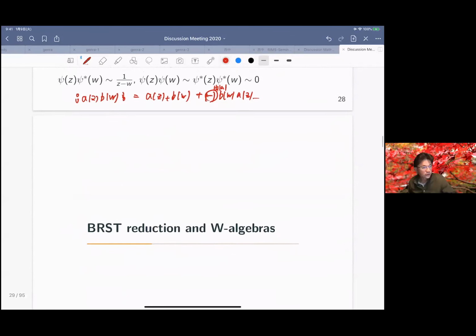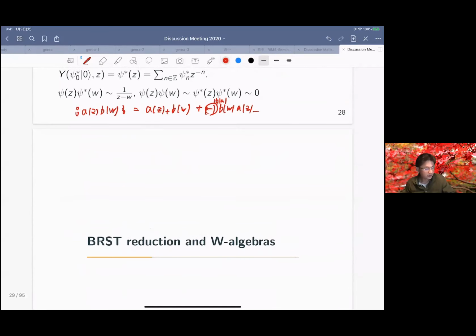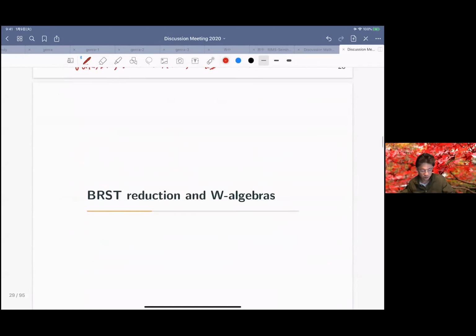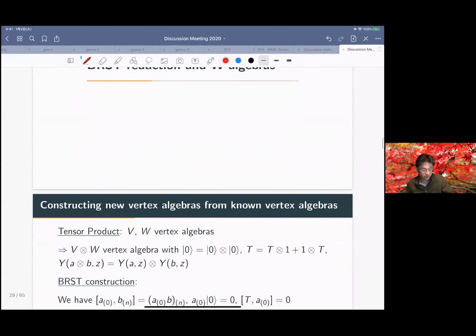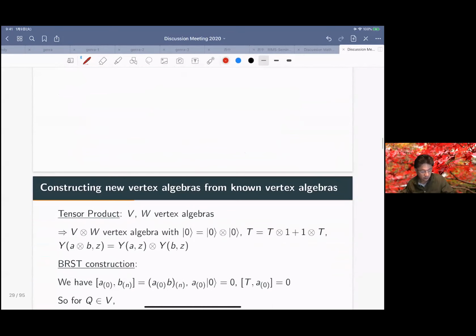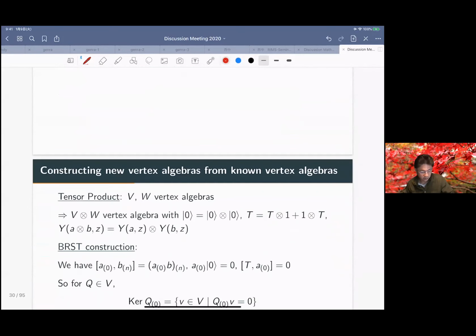So far I have explained the examples which come from Lie algebras. You might think it's not so interesting, but there are many interesting examples which do not come from Lie algebras, and I'd like to talk about them.